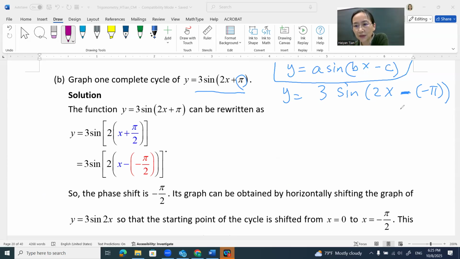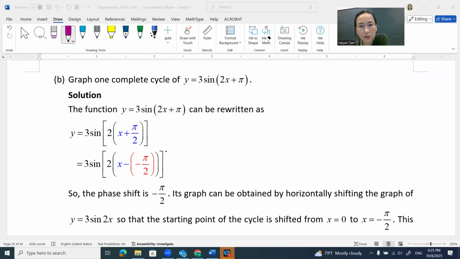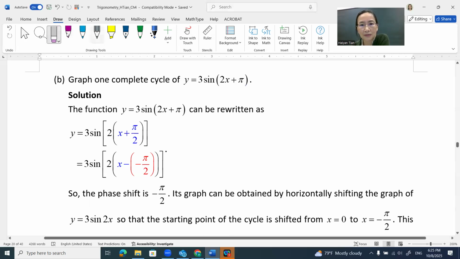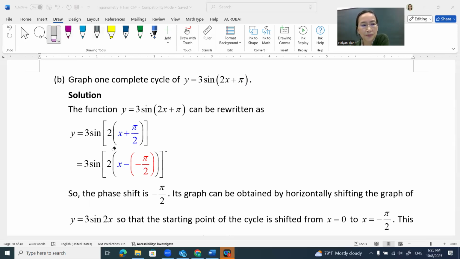In case you have anything not in minus sign, you can always put it in the minus. Okay, so after we put it in minus, then what do we do? Just like this problem, after we factor out the 2, we can write it as x minus a number.